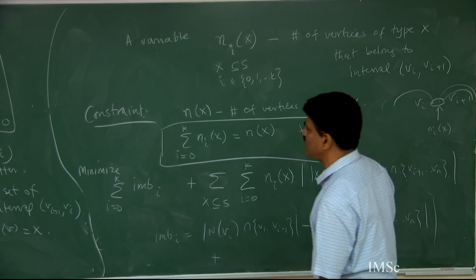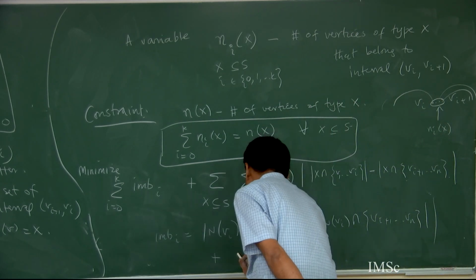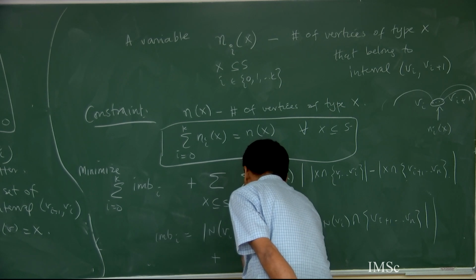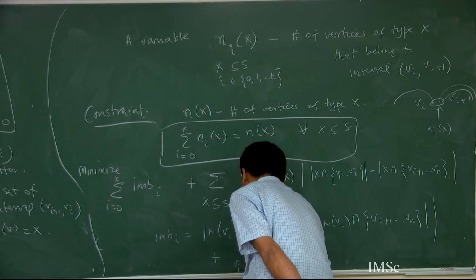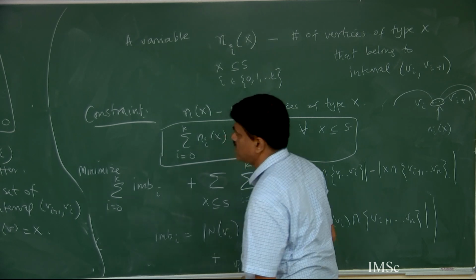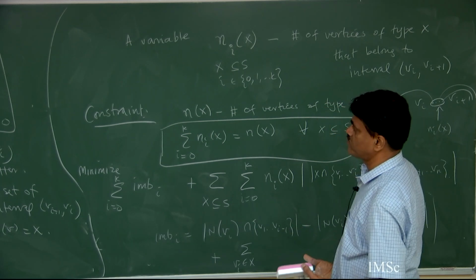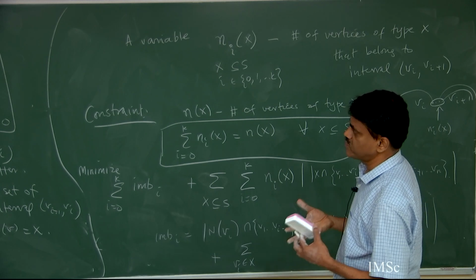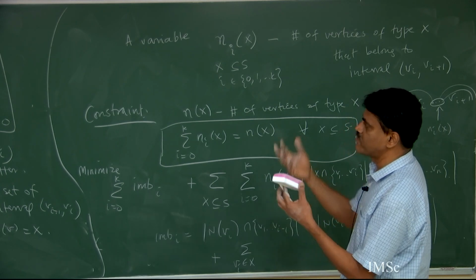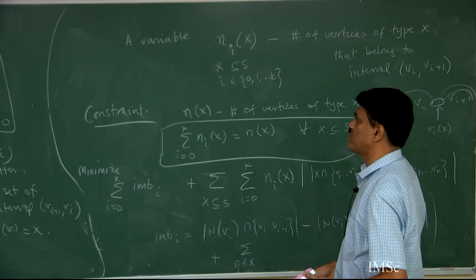Okay. So, look at all, summation over all X that contains Vi. That means for those types of vertices also, because they are all neighbors of Vi, they are going to contribute to them.